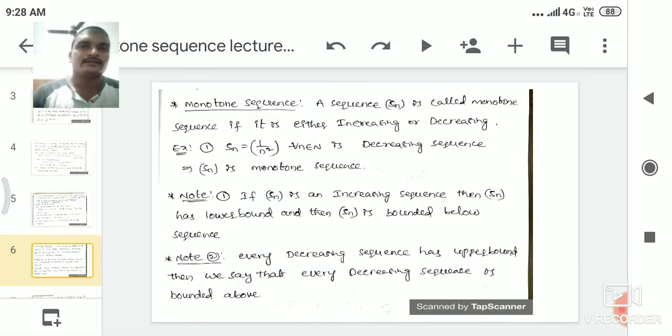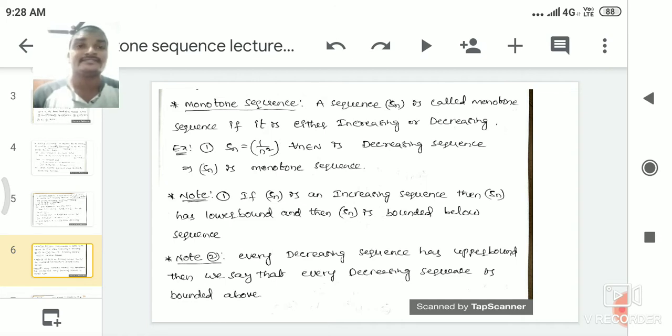And the next one, monotone sequence. A sequence Sn is called monotone sequence if it is either increasing or decreasing or both. Both conditions exist only for a constant sequence.